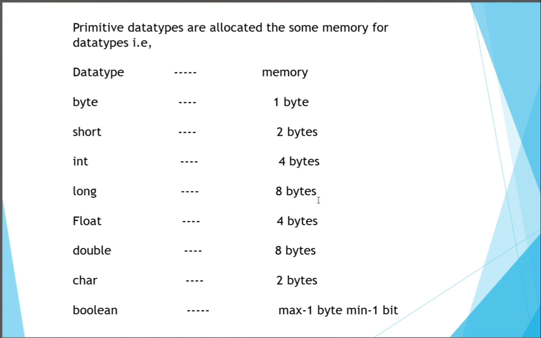Again, 8 bytes of memory is allocated for long data type and 4 bytes of memory is allocated for float data type. 8 bytes of memory is allocated for double data type and 2 bytes of memory is allocated for char data type. Boolean stores a memory size of maximum 1 byte and minimum 1 bit.